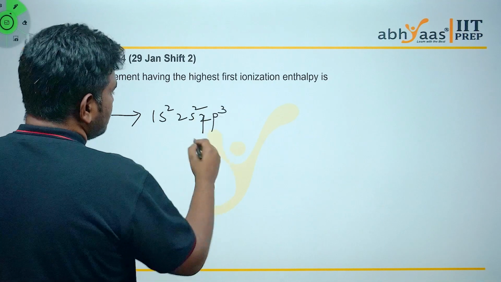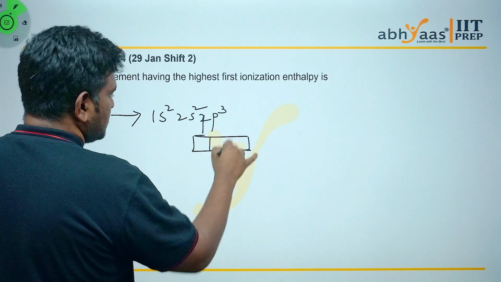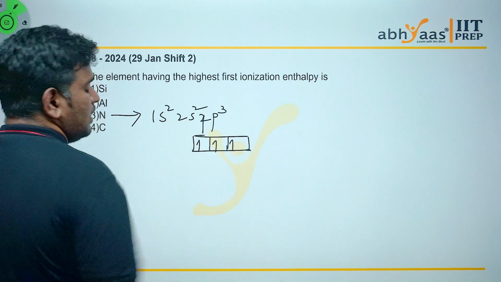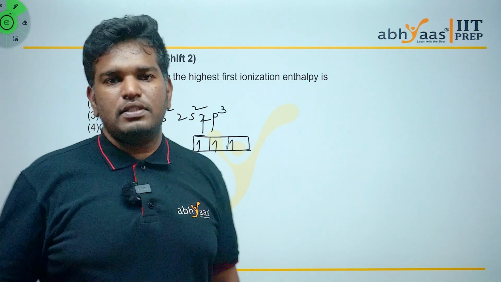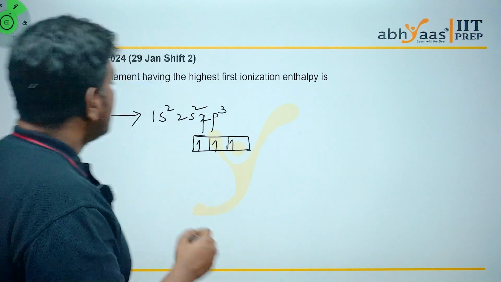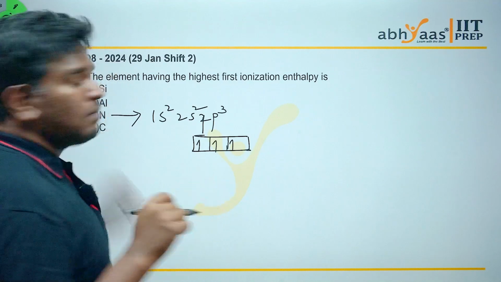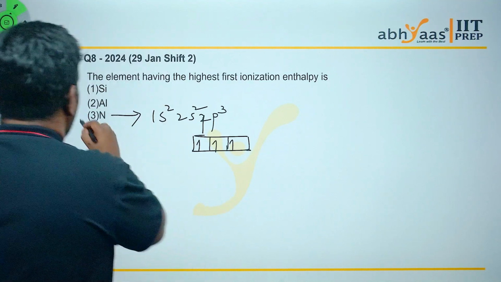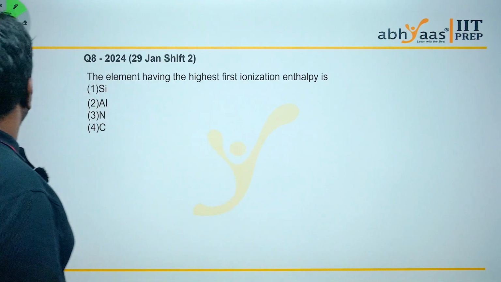Here you know that if you take the p subshell, you will be having 3 orbitals and you are having a half-filled configuration, and from this half-filled configuration it is difficult to remove an electron. Because of that reason, the first ionization enthalpy will be highest for nitrogen among this, because of a stable electronic configuration. So nitrogen will be your answer. Next question.